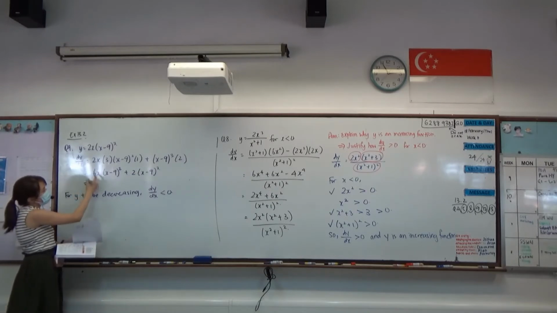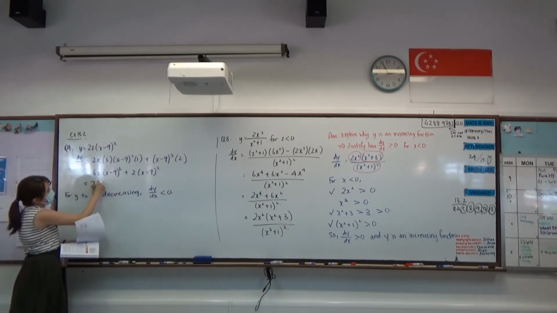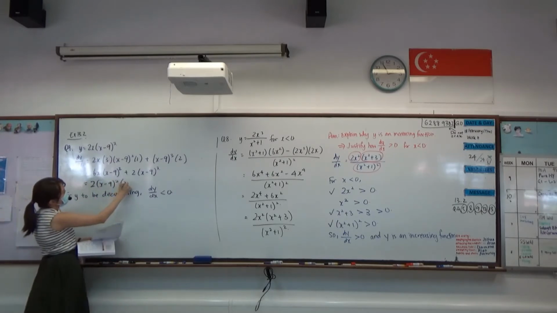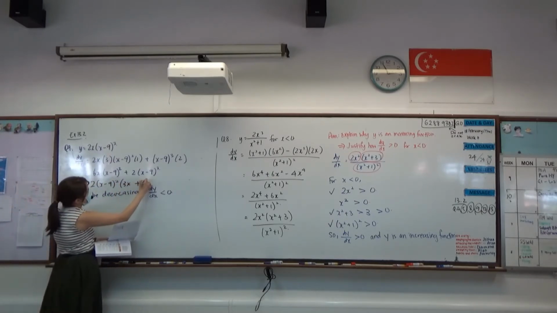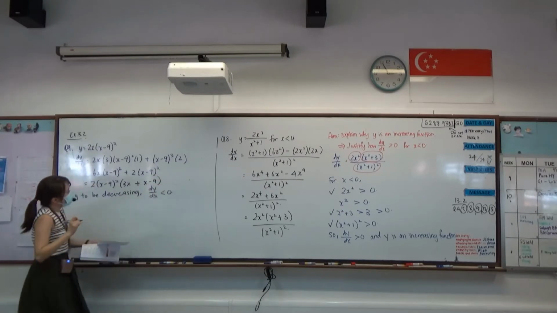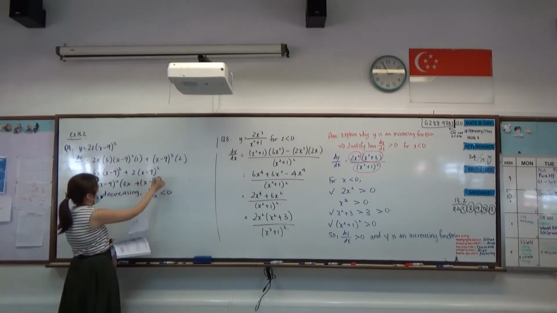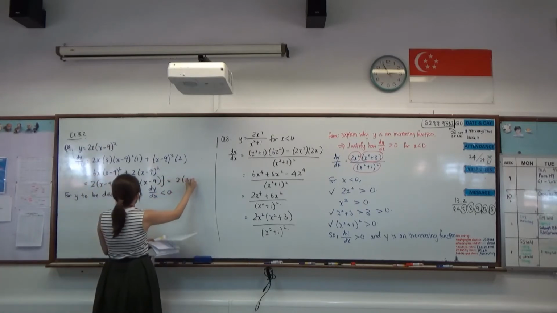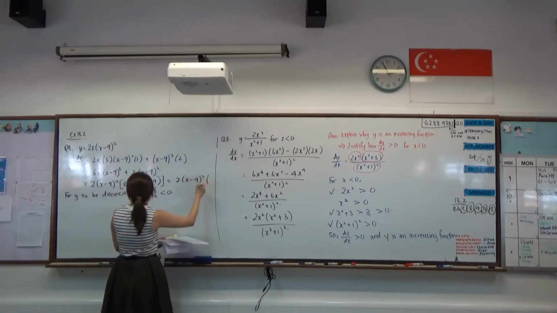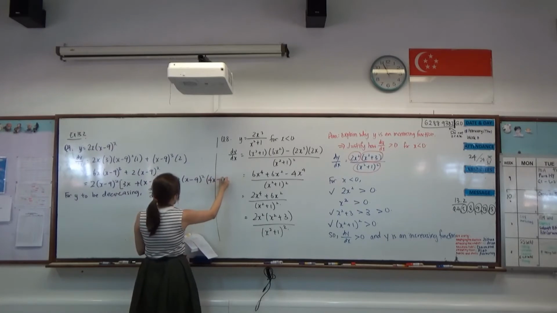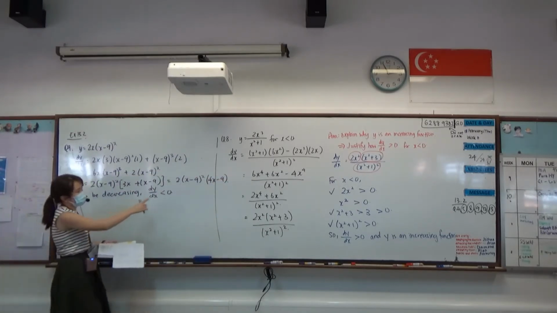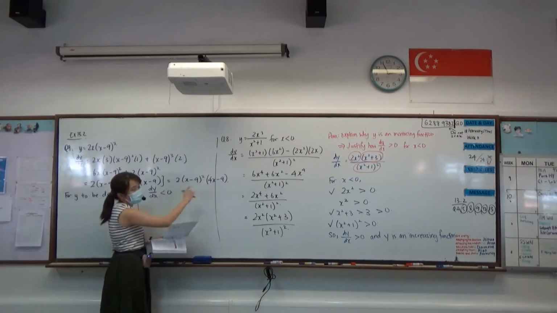So in this case, we factorize out 2 and also x minus 9 squared. So we will be left with 3x plus x minus 9. This simplifies to 3x plus x, 4x minus 9. So we have it like this, then we see that it's just a direct product of things.